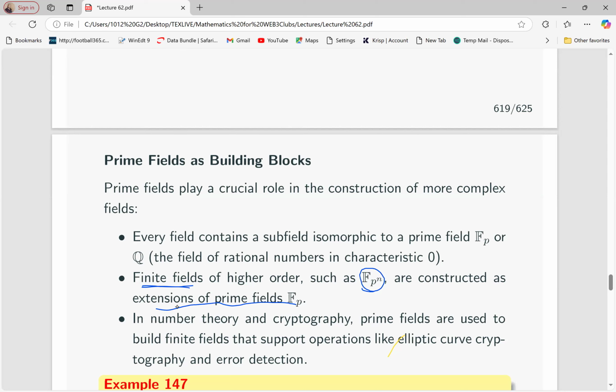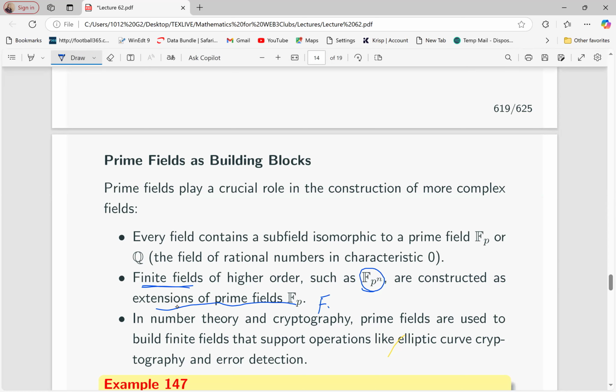Because the prime field you had was Fp. And then out of this Fp, you've come up with an extension where now you have Fp raised to n, where this n is coming from a polynomial. And of course, you already know what polynomials are.